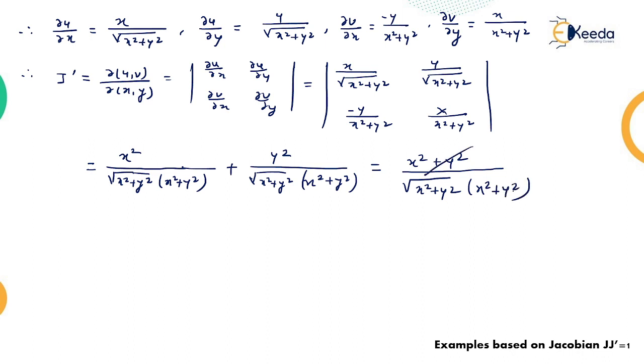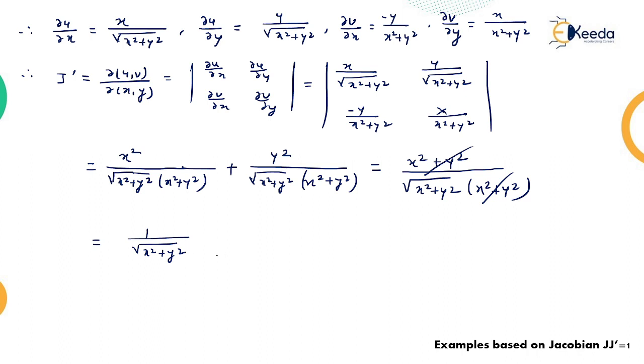Now this total term gets cancelled, and what remains is 1 upon √(x² + y²). But what is √(x² + y²)?